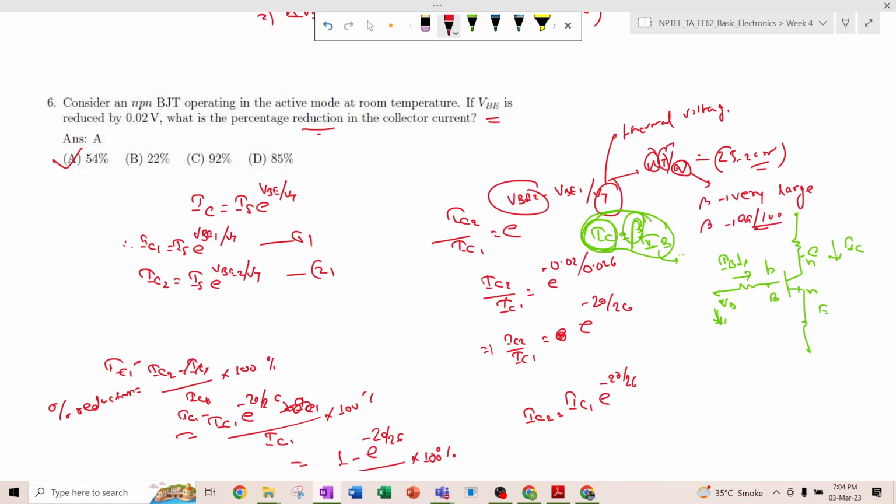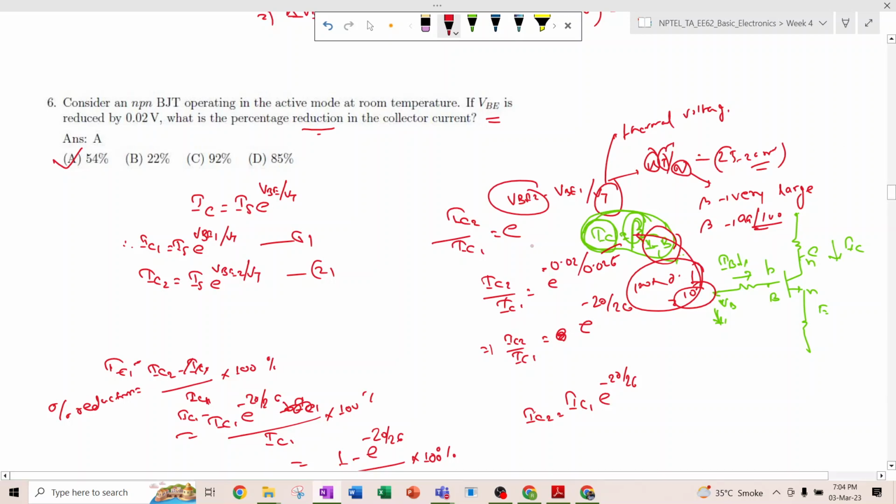So even if it is a very small change, suppose 0.1, it will be multiplied 100 times and become 10, so it will reflect much more in the collector current. Okay, so that is the physical interpretation of this question.